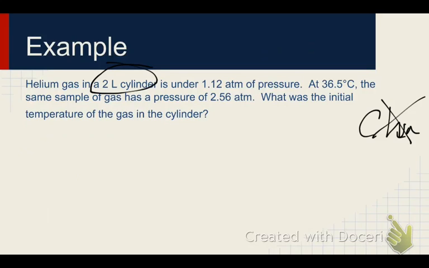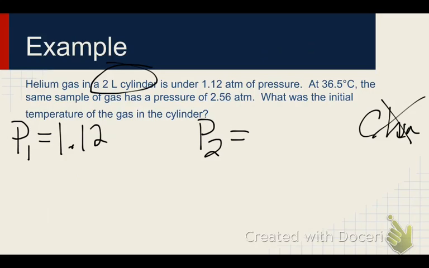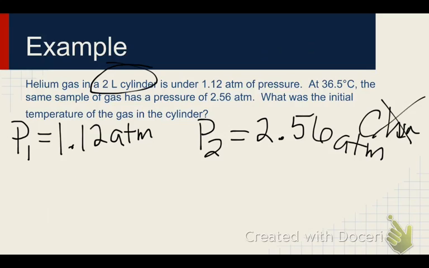But I do have an initial pressure, P1, of 1.12. I do have a final pressure, or P2, which is, very good, 2.56. And don't forget to write the units. And I also have a temperature. However, which pressure does it correlate with?